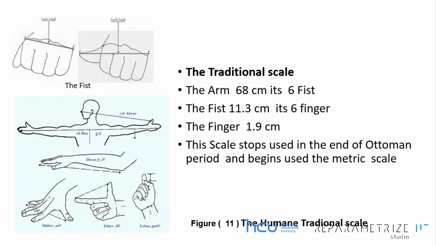So when we do research about the traditional materials and analyze them with a metric scale, we get wrong results, because all traditional material depends on the traditional scale. The openings, the dimensions of the mold of brick or adobe, the stone pieces, everything depends on the traditional scale.